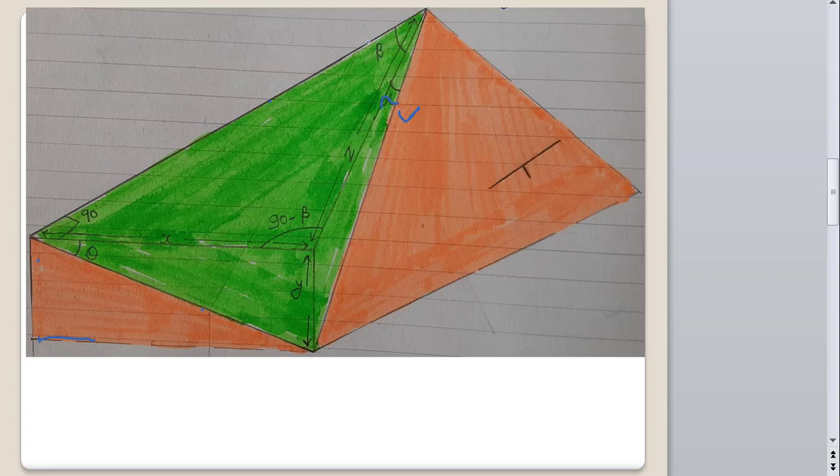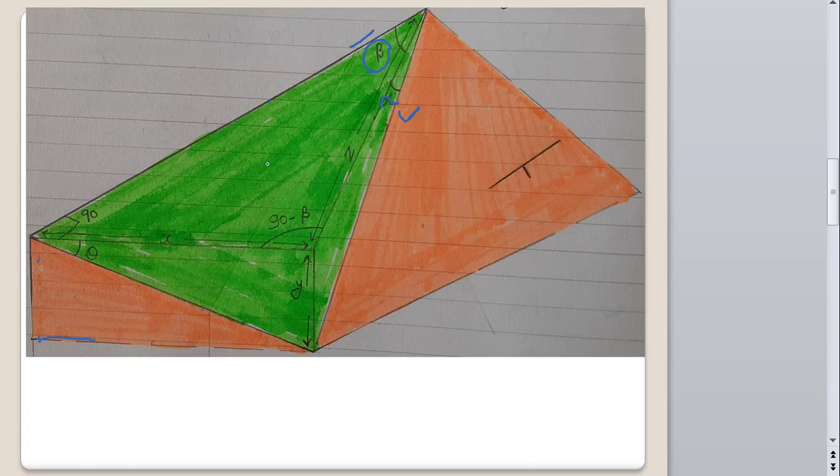So this beta is the angle between the strike line and the apparent dip direction, for a joint or discontinuity, fault plane, shear zone, or the axial plane of a fold also. There are so many things that we can calculate, or have to plot, on the cross section.